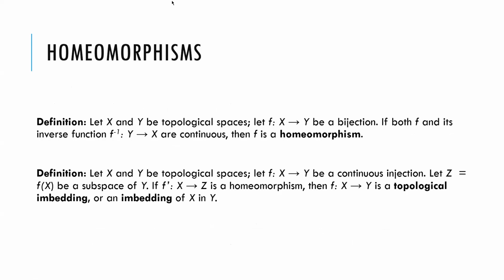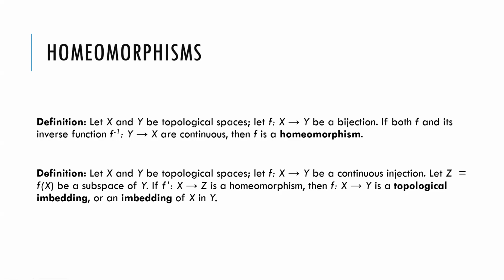Now we go to our next part about homeomorphisms. So we have two definitions. If X and Y are topological spaces, and f mapping X into Y is a bijection, but f and its inverse function mapping Y into X are continuous, then f is a homeomorphism.